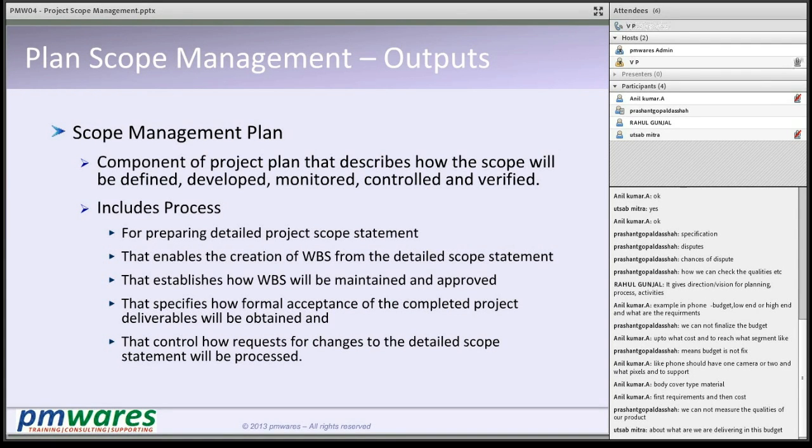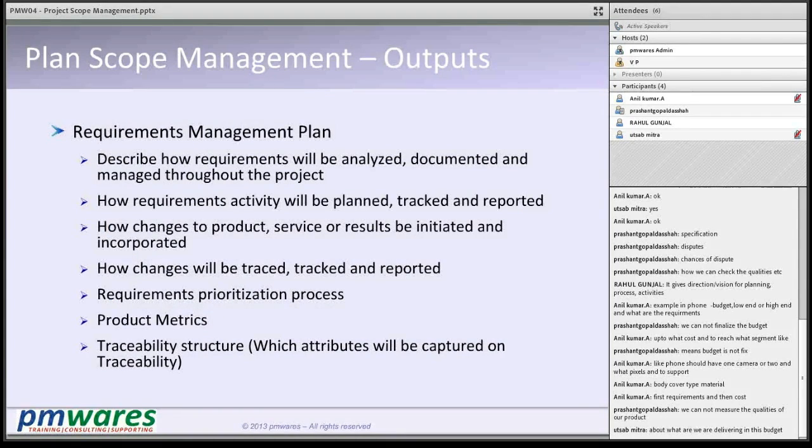So wherever the question is how, you mention here which product metrics you are going to measure, or how you are going to measure the progress or the performance of the requirement or the scope through metrics.